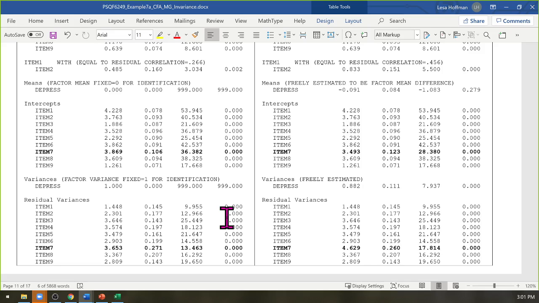Because we could constrain 8 out of the 9 intercepts to be the same between groups, we can talk about factor mean differences as real differences. So we can compare whether or not men on average are more depressed than women on average or vice versa. So because we've passed those measurement tests, we can talk about the factor differences as if they are real, true differences and not just artifacts, which is the goal.